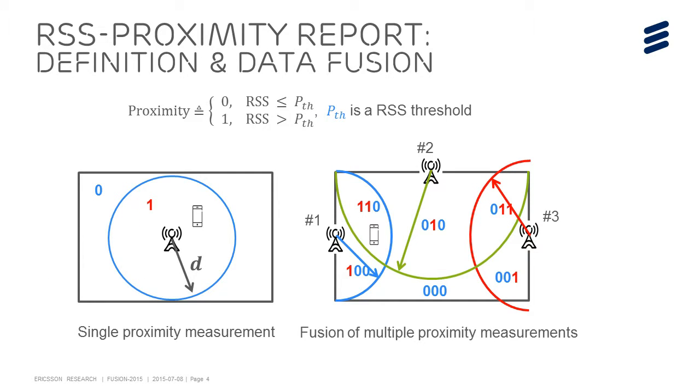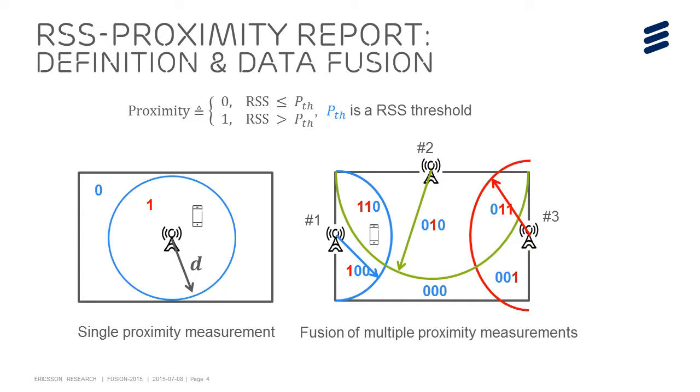A received signal strength measurement is obtained from the power delay profile and represented using 6 to 8 bits in many systems. In this talk, received signal strength is called RSS for short. RSS measurements are more often used than any other types of position-related measurements, simply because they are easier to obtain.